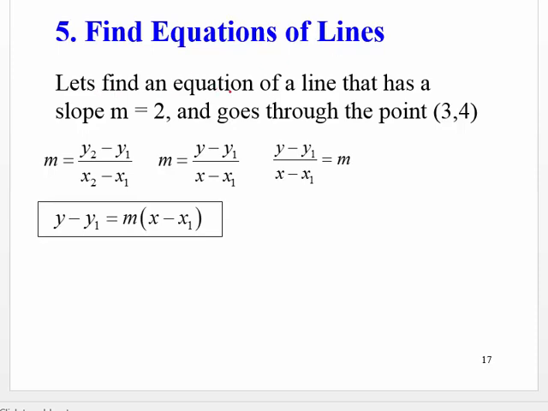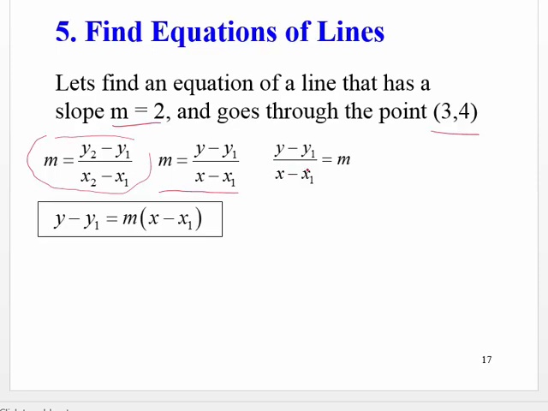The fifth thing is find equations of lines. So let's find the equation of a line that has slope m is equal to 2 and goes through this point. Well, we know our slope formula is this one. If we take an arbitrary point x, y, then we have this one. Okay, and we could write it like this.